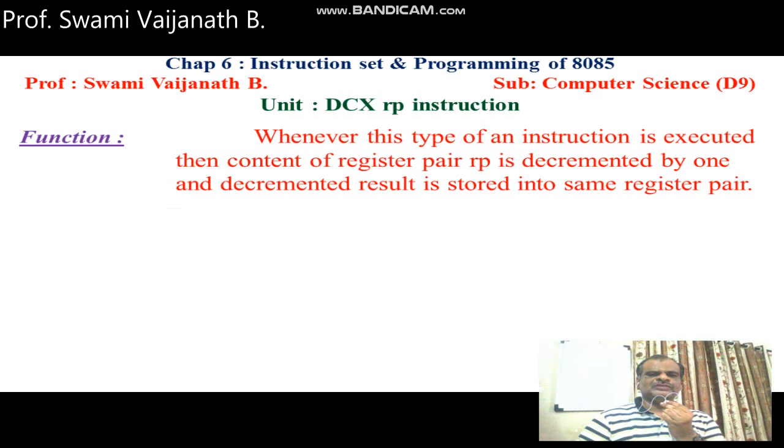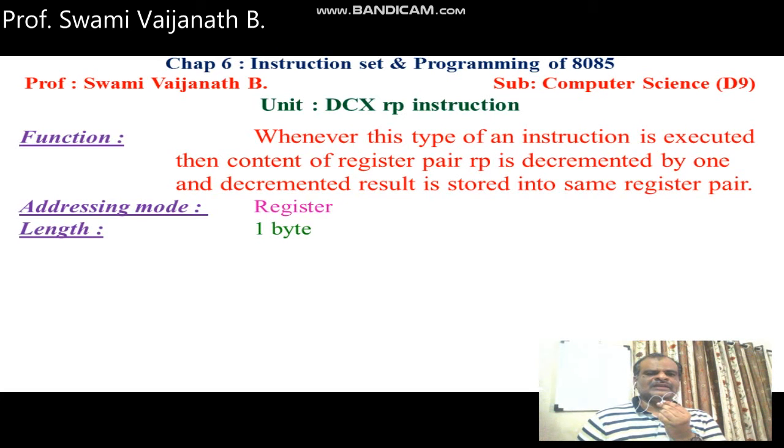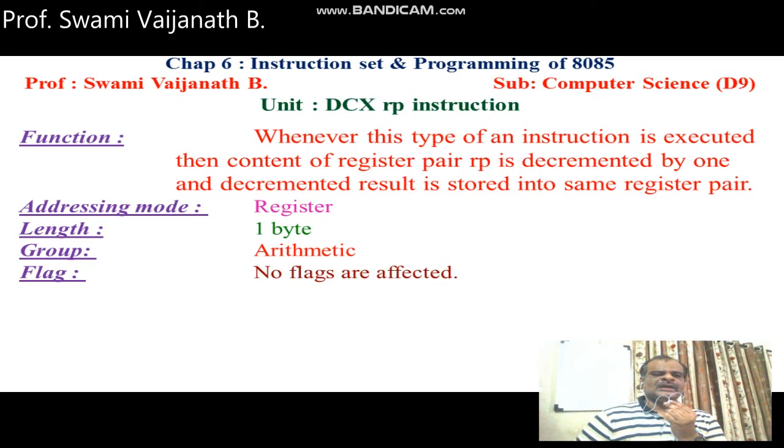After this, the next instruction we see is DCX RP. Whenever this type of instruction is executed, the content of the register pair given in the instruction is decremented by 1. If I give register pair BC, then BC is decremented as a pair, that is B and C, so its addressing mode is register.